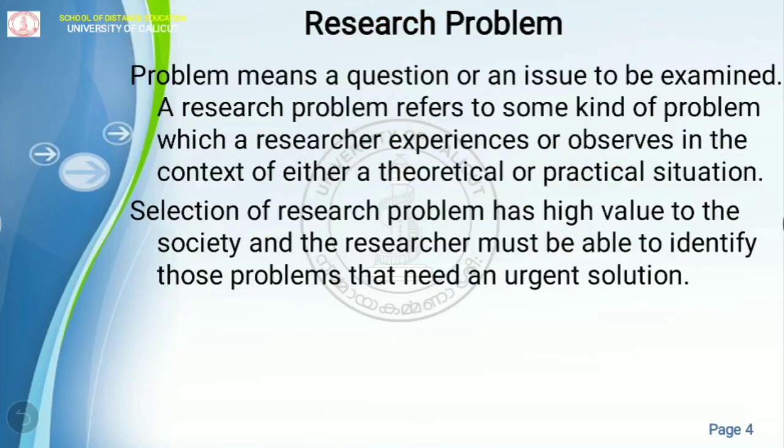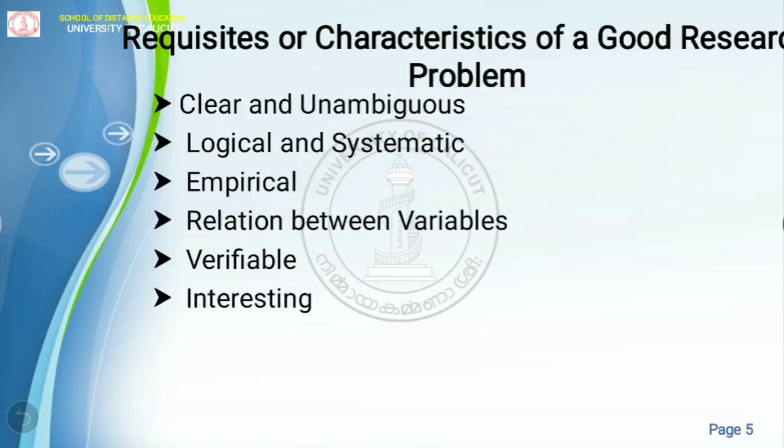And the research problem, as I already told you, is the question or an issue to be examined or solved by the researcher. So while selecting a problem, question or research topic, what are the characteristics of a good research problem?